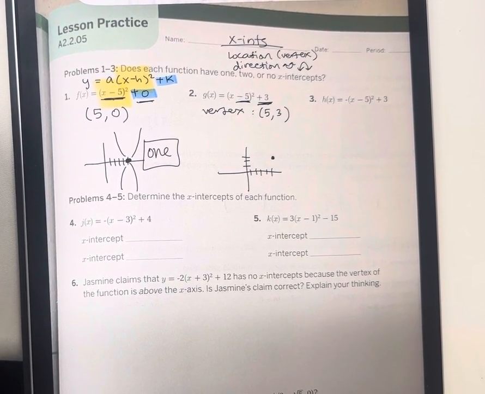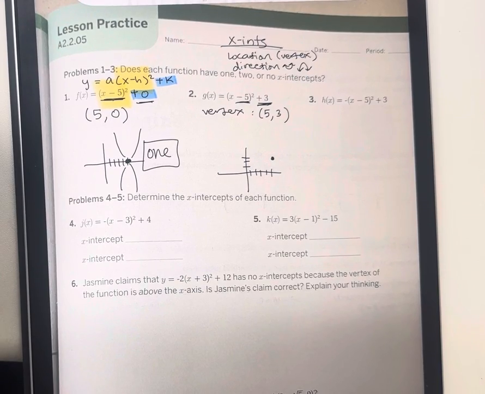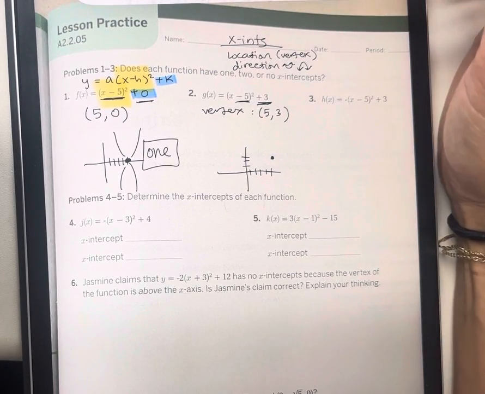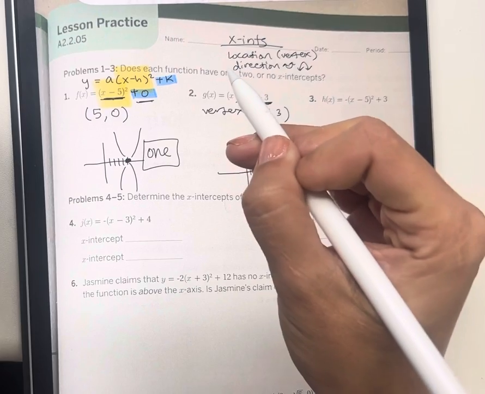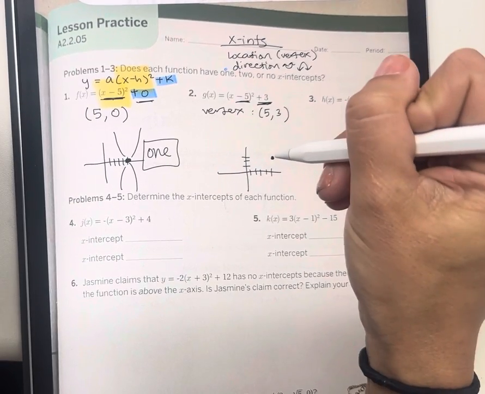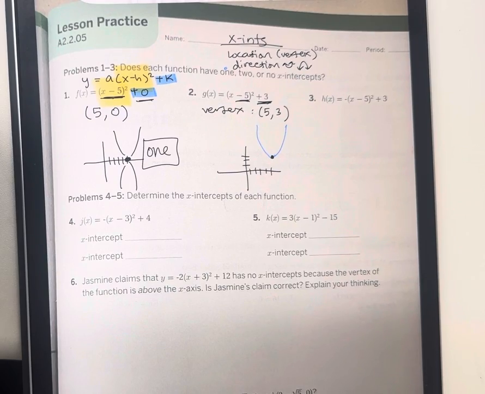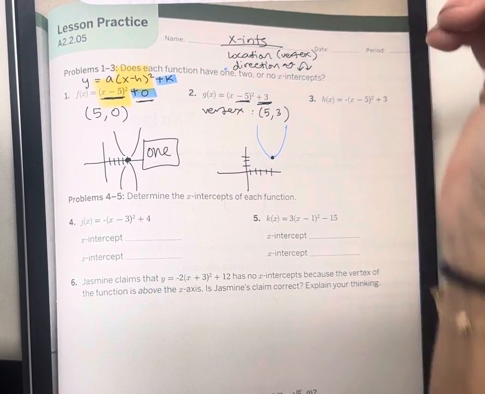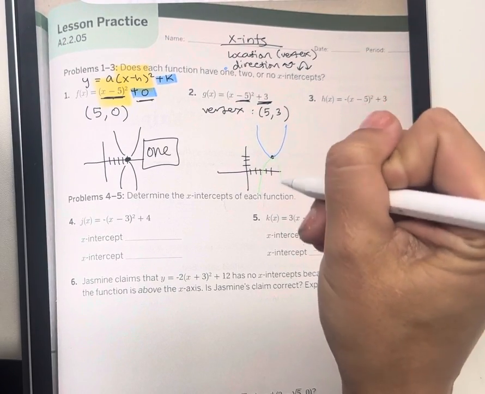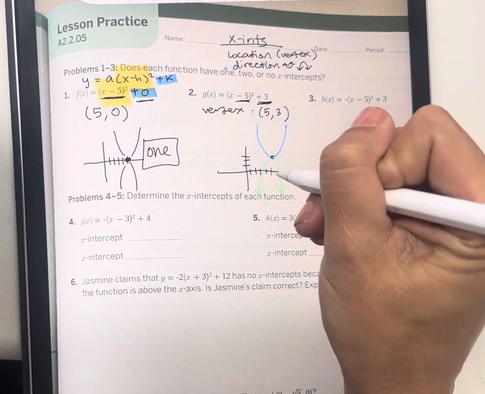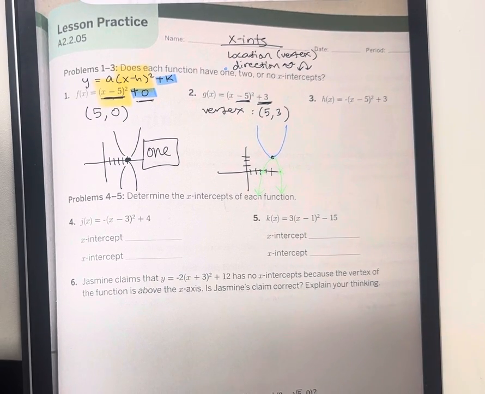Okay, but now, depending on the direction, that really matters now. That's why this is there. Because look, if this opens up, I don't have any x-intercepts. But if it opens down, I got 2 x-intercepts. I need to know which it is. I need to know the direction.